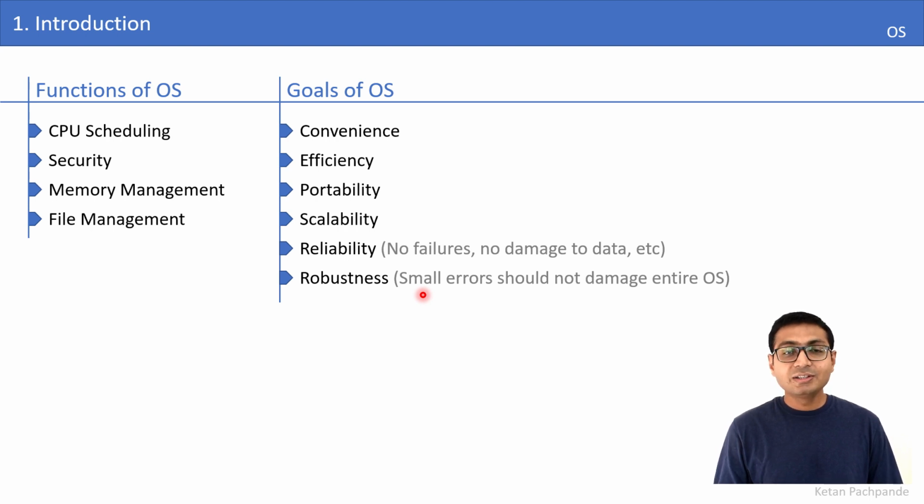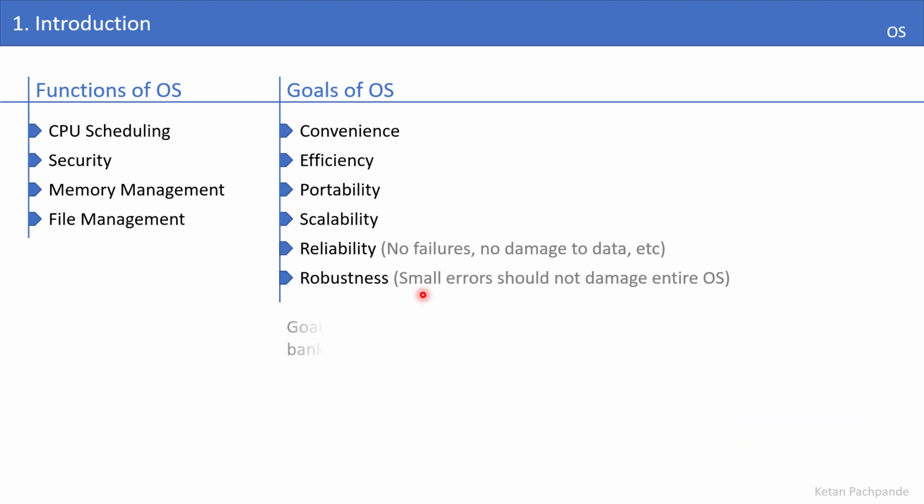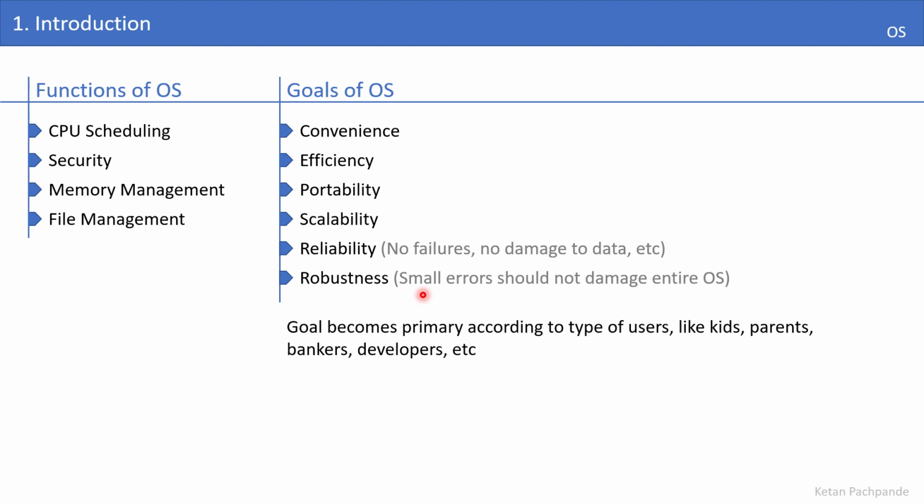It should just say one process is giving some error and because of that I am terminating this one process. Sometimes you may observe that the entire operating system hangs and the only choice you have is to restart the operating system. In that case, I can say the operating system is not robust. Out of these goals, according to the type of user, the goal becomes primary. For example, for the kids or parents, we say that the convenience is the primary goal.